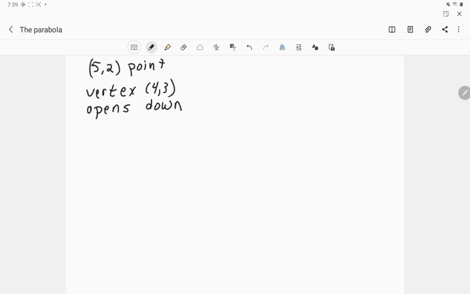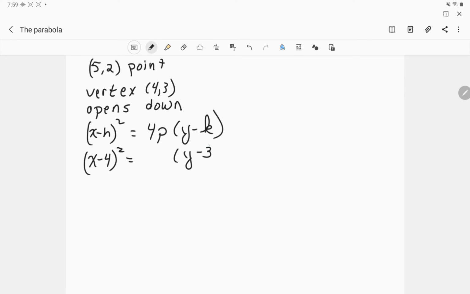So the fact that it opens down actually gives me a lot of information, because if it opens down, that means it has to be in the form x minus h squared is equal to 4p times y minus k. Has to be in that, because if it opens up or down, the x is the part that's squared. I already have an h and a k because I have a vertex. So it's going to be x minus 4 squared, and it's going to be y minus 3.